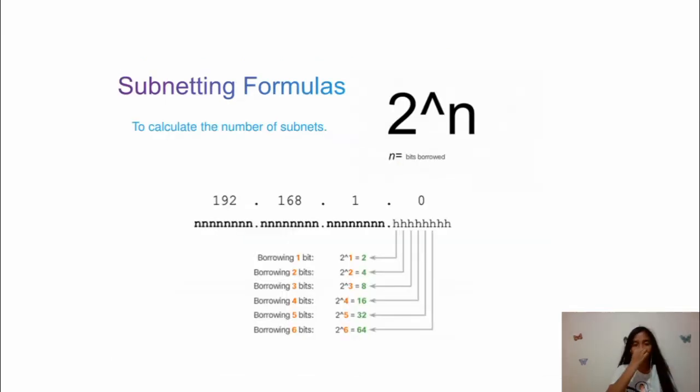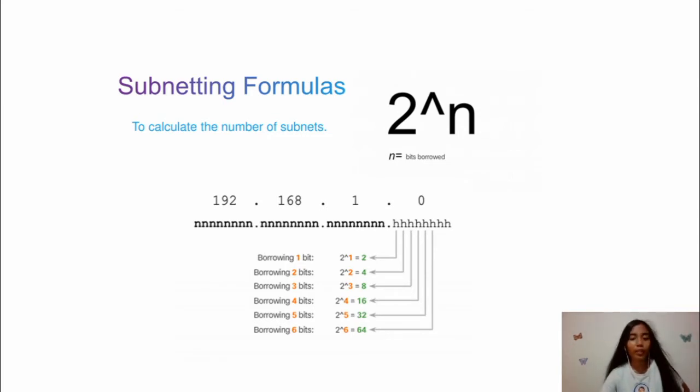So here we subnet by borrowing bits from 1 to 6, and that is the value of the positional value: 1, 2, 4, 8, 16, 32, and 128.